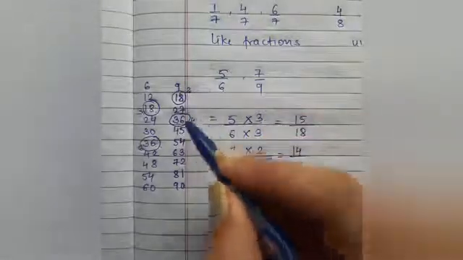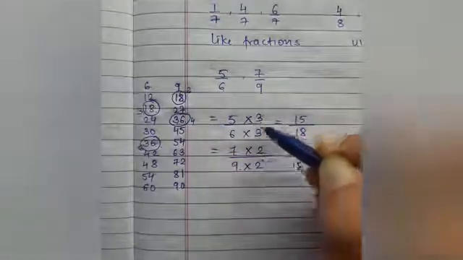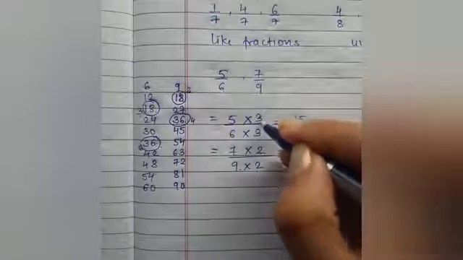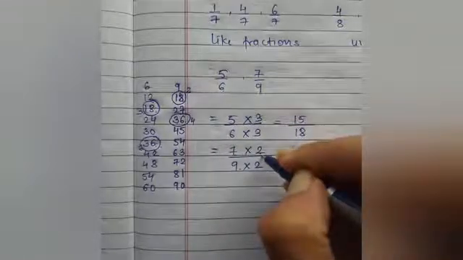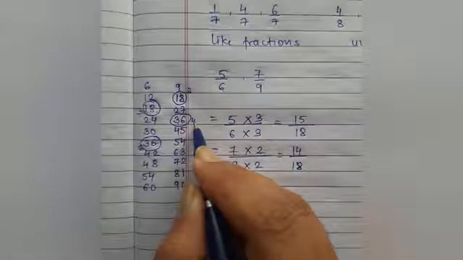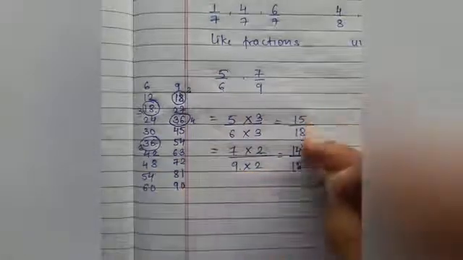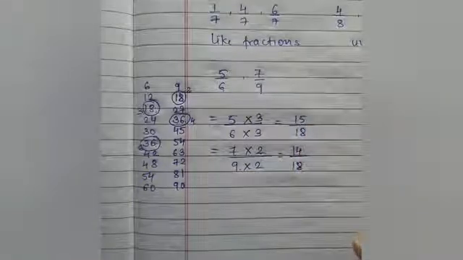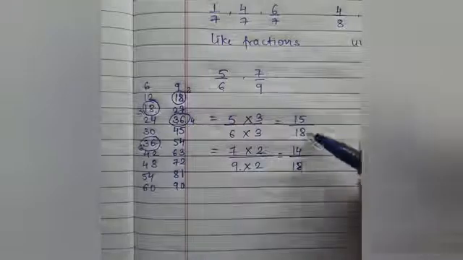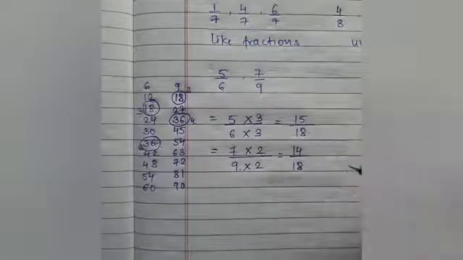Also, as we did here, where we took the numbers 3 and 2, we can take the numbers 6 and 4 to get equivalent fractions. After that, as per these steps, we will get like fractions.